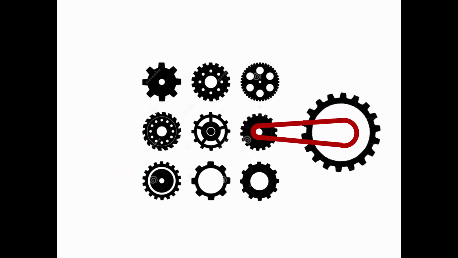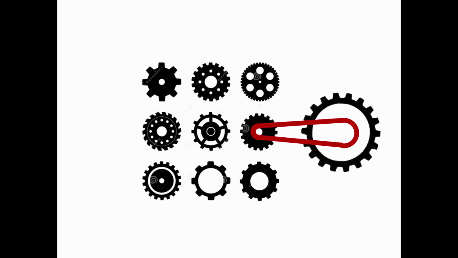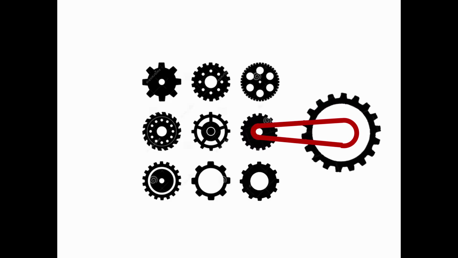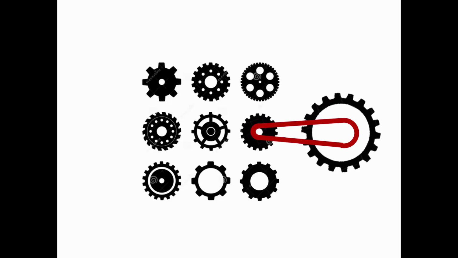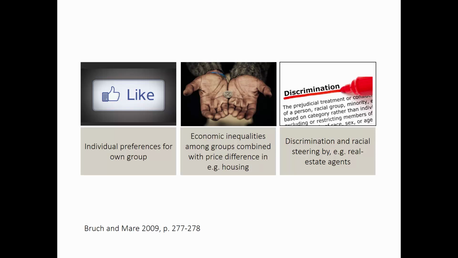Remember, it's not just looking at the different wheels, but looking at how they are connected with each other and how together they bring about something like segregation. So now let's apply that idea to segregation and look at what we call segregation dynamics.